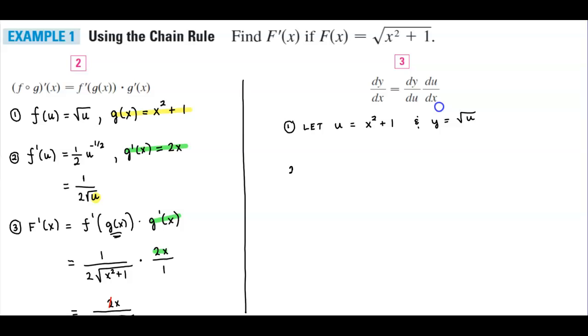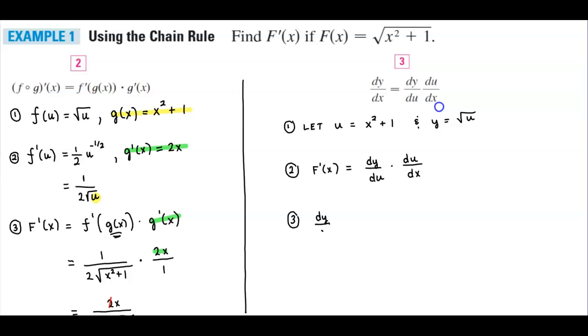So what does that mean? Well, we know that our f prime of x is going to equal dy over du times du over dx. So what does dy over du equal?